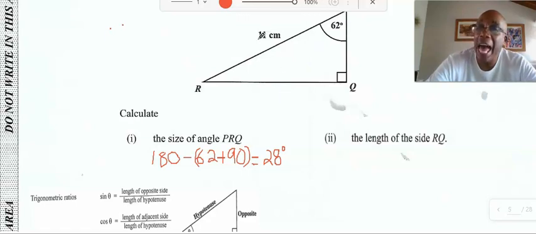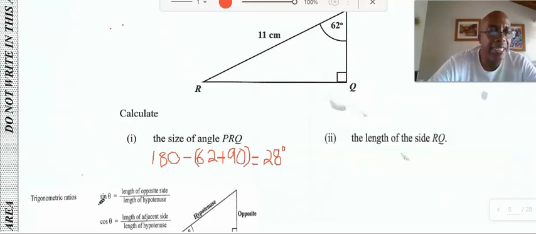And the side we have, the 11 centimeters, is the one opposite the right angle. It is the hypotenuse. So the trigonometrical ratio we use will be the one involving opposite and hypotenuse. And you can see in the ratios here, it is sine. Sine of the angle equals the length of the opposite side over the length of the hypotenuse.